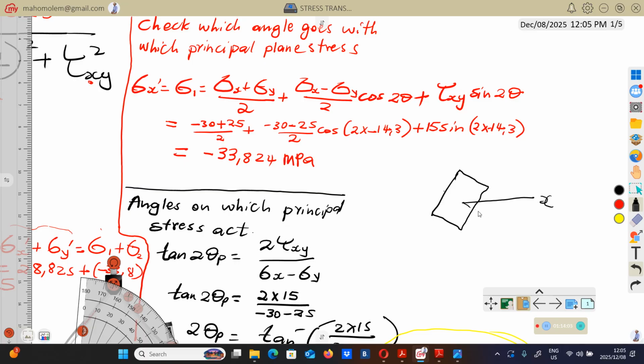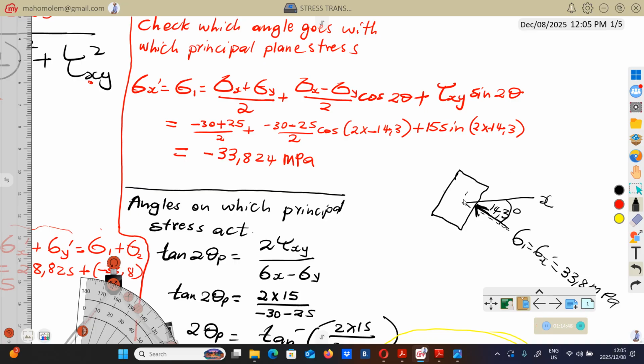It means that this principal stress 1, which would be equal to the normal stress on the x face, is going to be negative 33.8 MPa. But that negative means compression. We have to write an arrow like this. Compression, and the angle is going to be 14.3.